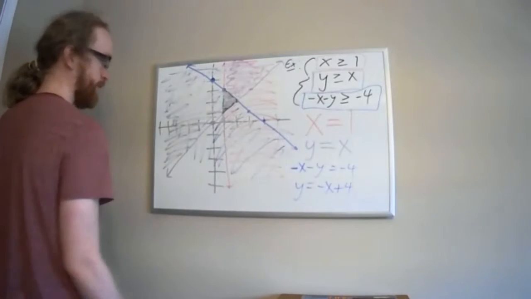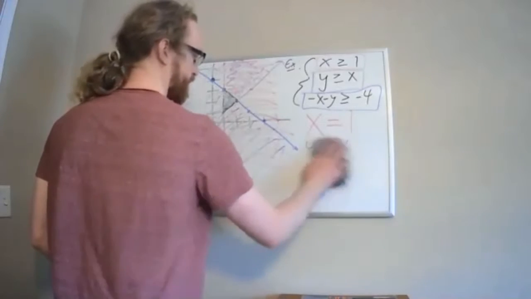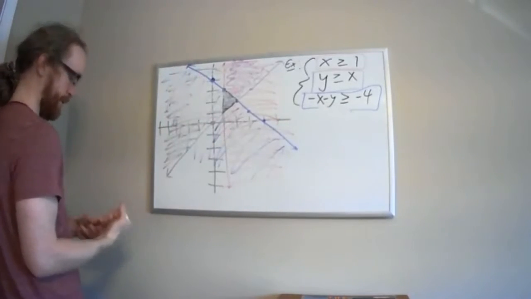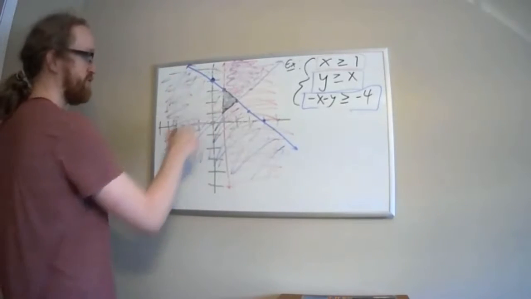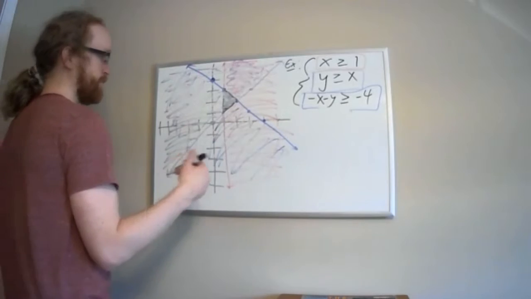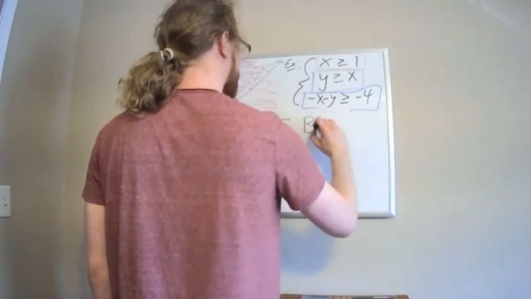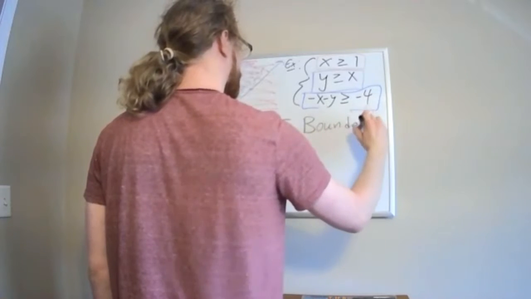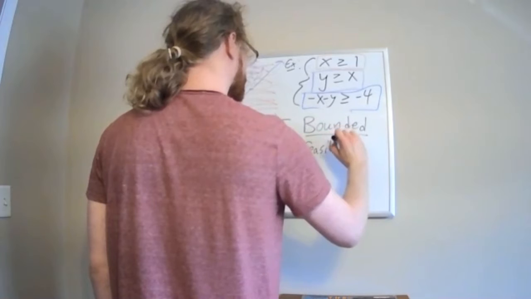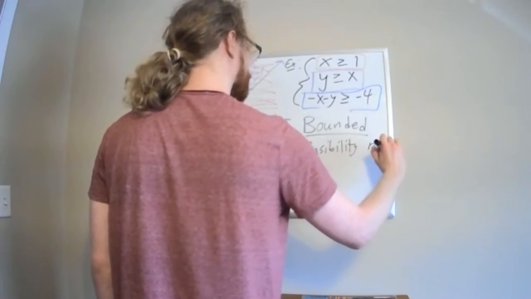So notice there's some terminology I want to point out. First, about this example here. Notice the feasibility region made a triangle. It made a nice shape, right? This would be an example of something that I would call a bounded feasibility region, I suppose.